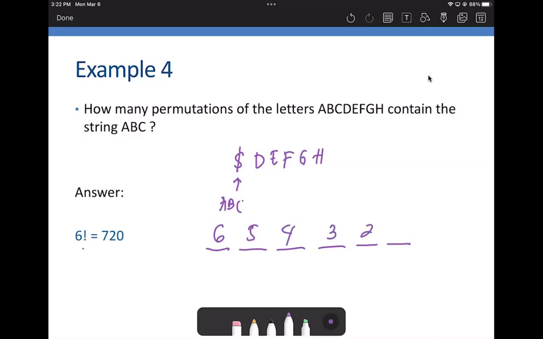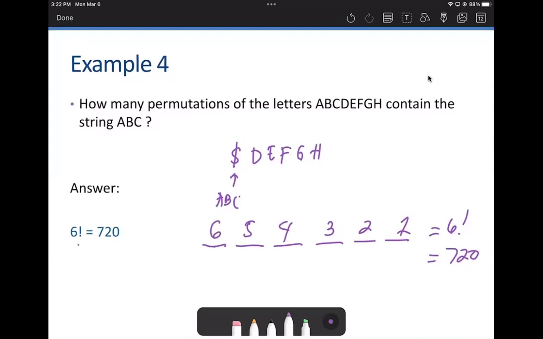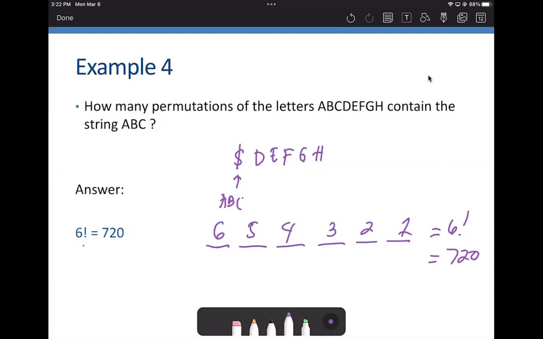And then times 3 times 2 times 1, and this is equivalent to 6 factorial. And there are 720 ways on how we can order the A, B, C, D, E, F, G, H containing the string ABC. Okay?